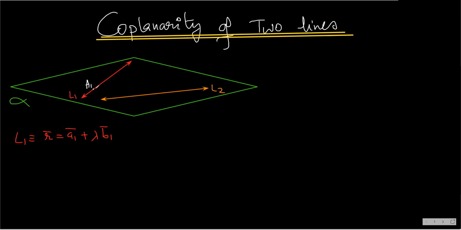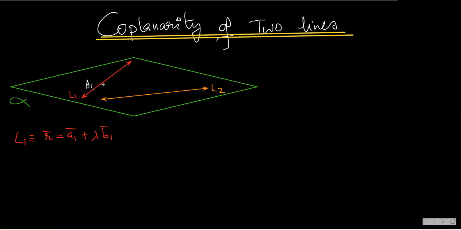When you join this point A1 with the origin O, you get the vector A1 bar, which is the position vector of point A1. But remember, we are not going to show the origin or these position vectors. It is just understood that they are there.